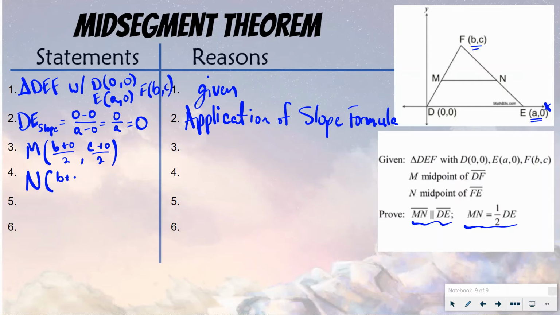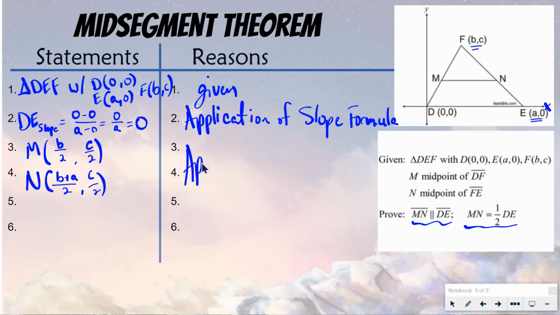So B plus A divided by 2 is the x-coordinate, and C plus 0 divided by 2 is the y-coordinate. So I'm going to simplify these. C plus 0 is just C, and B plus 0 is just B. That's B over 2. That one's C over 2, and this one's also C over 2.